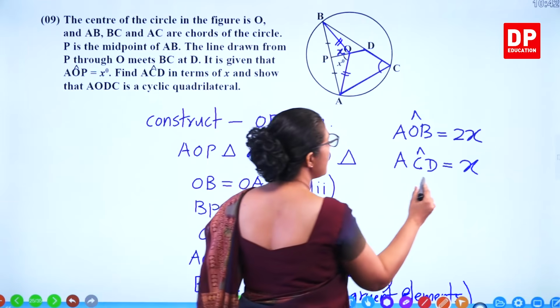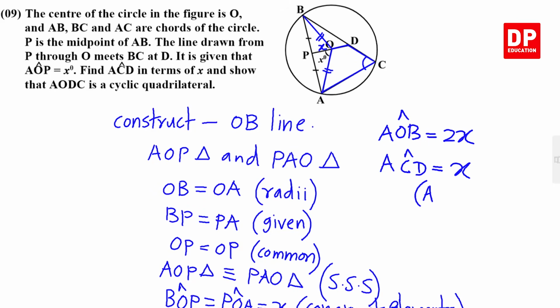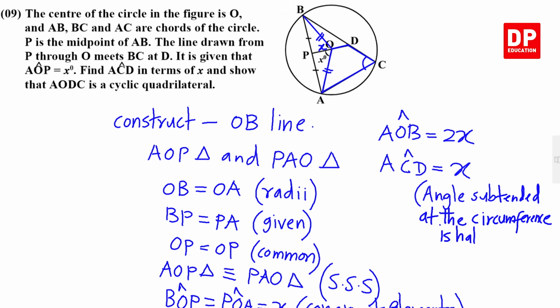So you can write, angle subtended at the circumference is half of angle subtended at the center.